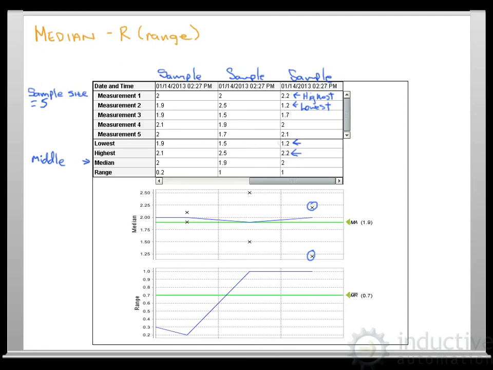At the bottom we had 1.2 and then the next one is 1.7 and then we have 2 and then we have 2.1 and then we have 2.2. This is the middle. Simple as that. So we have 2 values above it and we have 2 values below it, so that is the middle, and that's where this comes from, and that's what's plotted here.